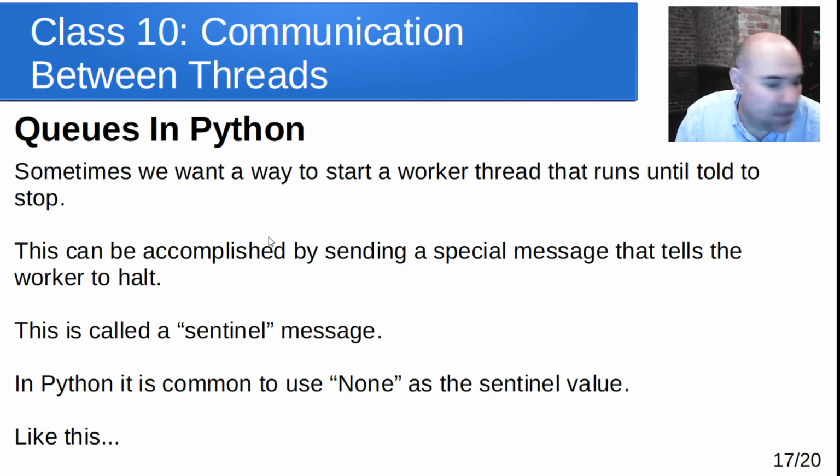And those special messages in cases like this are called a Sentinel message. So in other words, you might say, hey, I want you to start working, and I want you to work till I tell you that we're done. And the worker thread can just sit there and work and work, and then you say, hey, stop now. And when it gets that stop message, it's going to stop. So in Python, it's common to use None as the Sentinel value. So in other words, here's your data I want you to work on, and then it gets None, like, this is nothing. I'm going to quit.